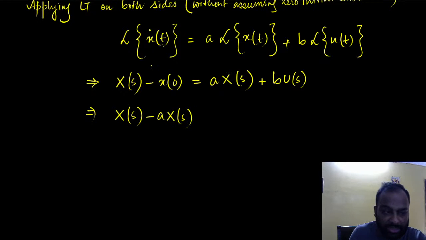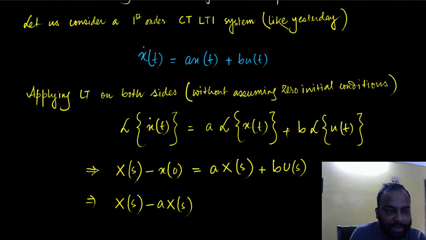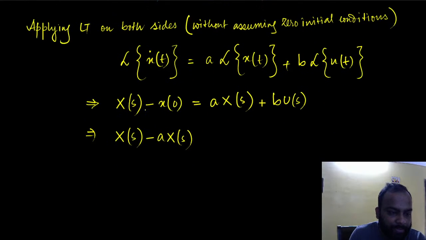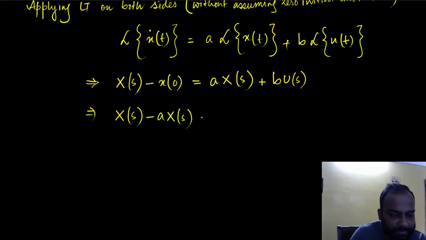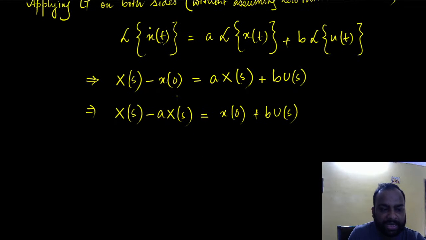This is the Laplace transformed version of x t, and we are assuming a first order system, so this x t is the only state variable here. It's not a vector or a matrix. And I'm going to have x0 here plus b U(s). Again, this is small x0, so notice that carefully. This is the initial condition, right?